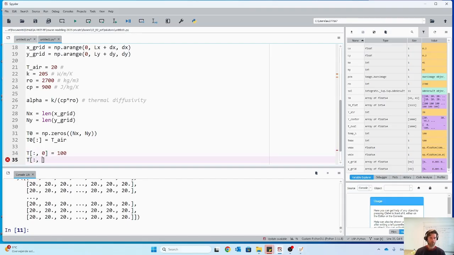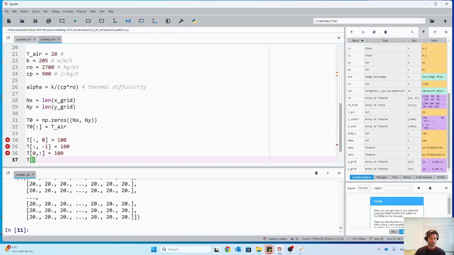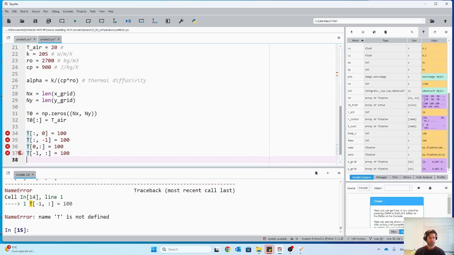All rows and the last column should be 100. The first row and all columns should be 100. And the last row and all columns is 100. Whoops, it's T0 here.